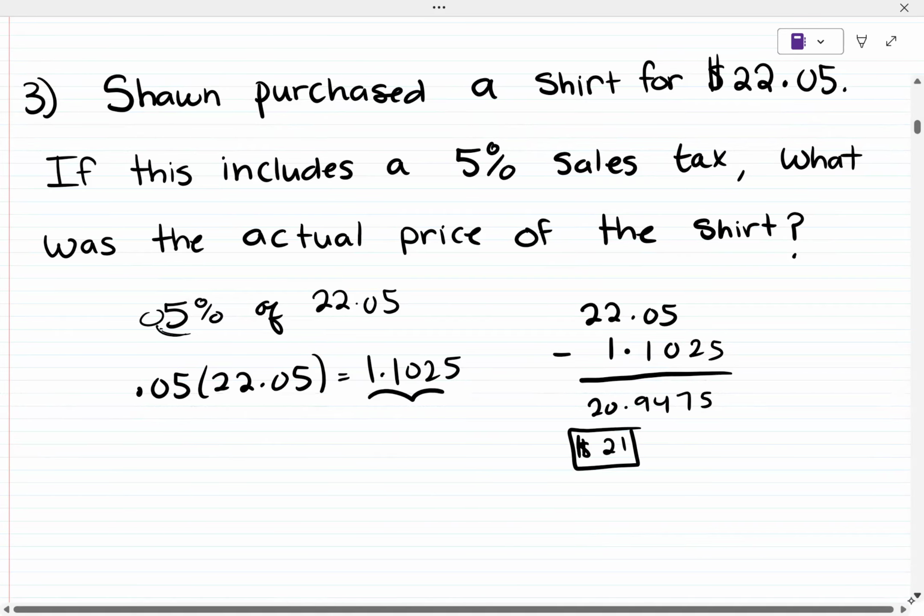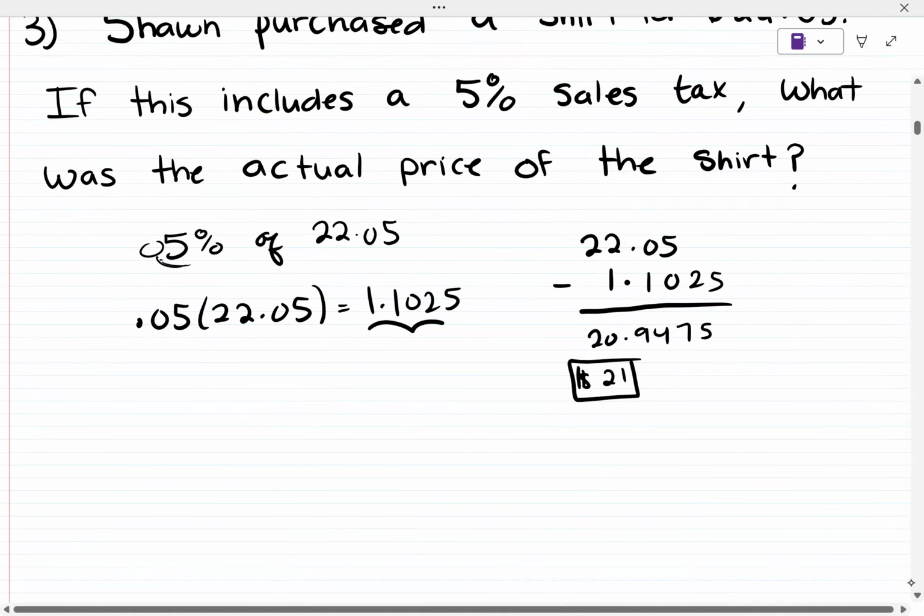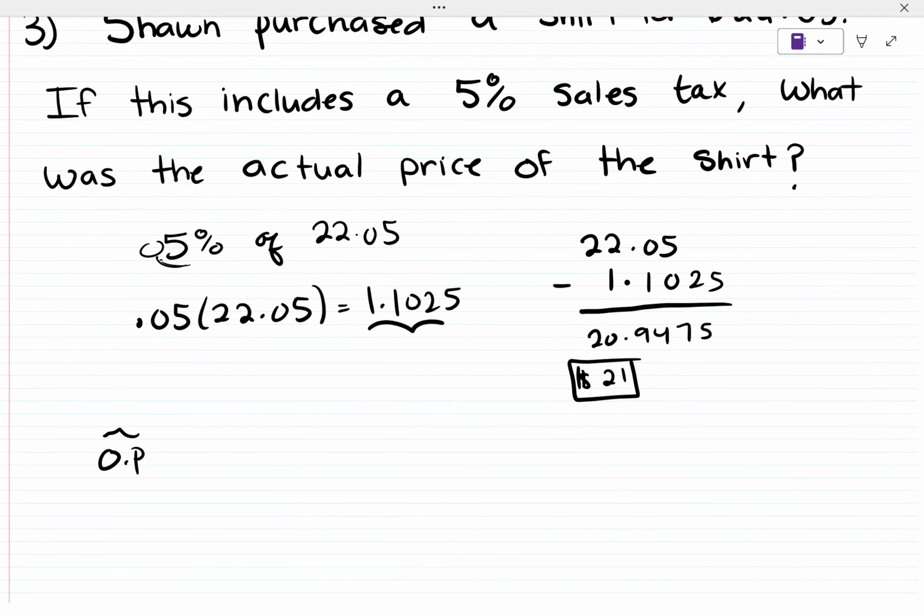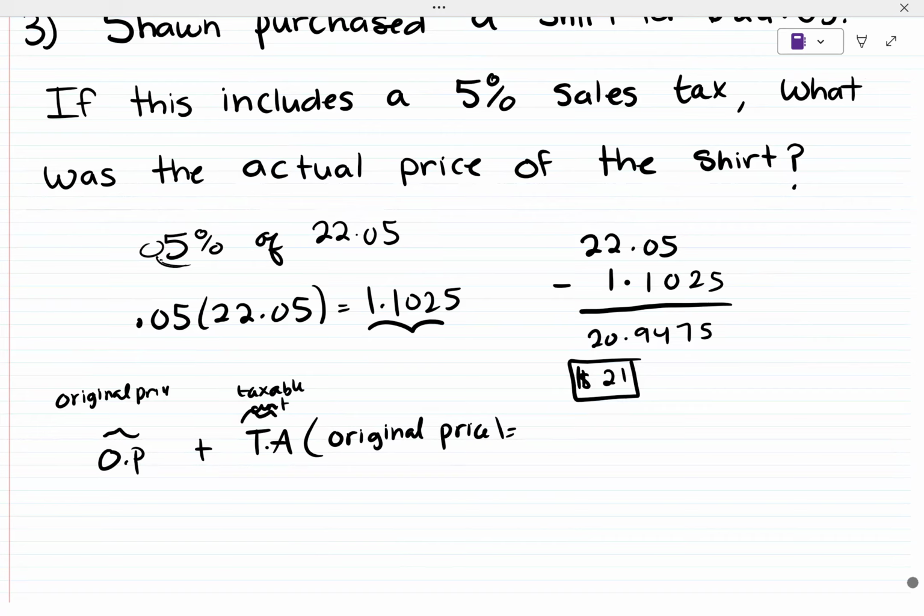The other way is you can set it up as an equation. You can say OP, which really stands for original price, plus taxable amount. I'll call it TA. So TA stands for taxable amount times the original price equals total price.